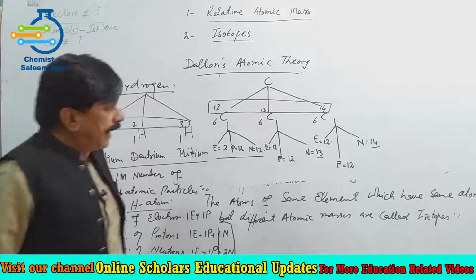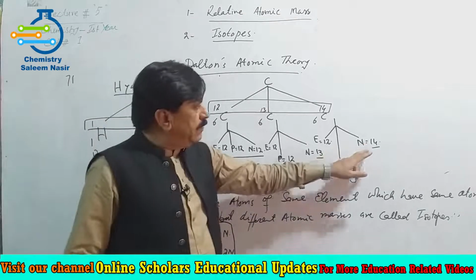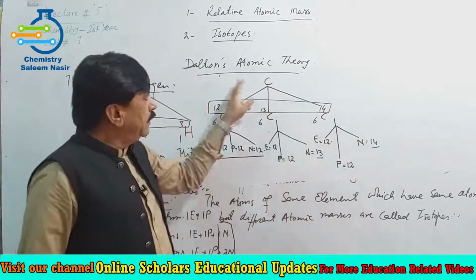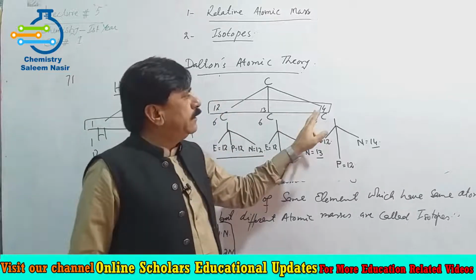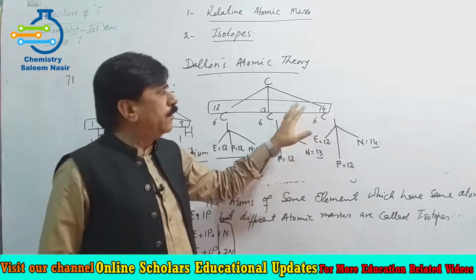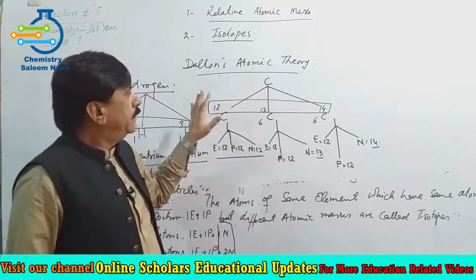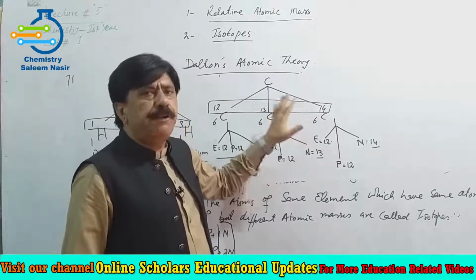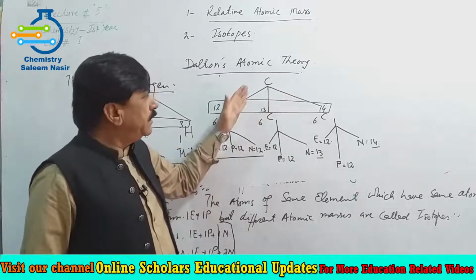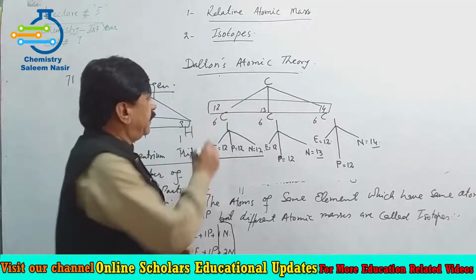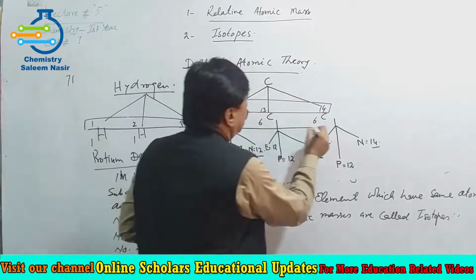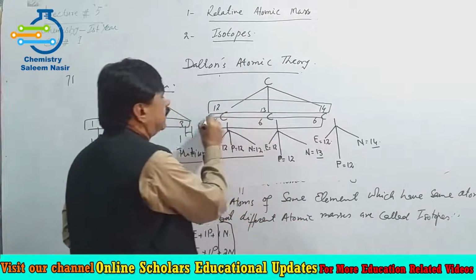Due to that difference in the number of neutrons in these three isotopes of carbon, the atomic masses of these atoms are different from each other, but they have the same atomic number, that is 6.